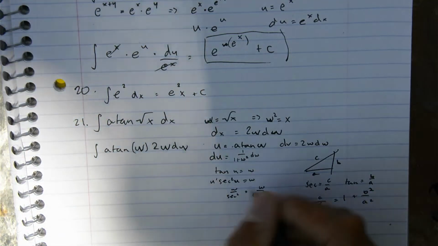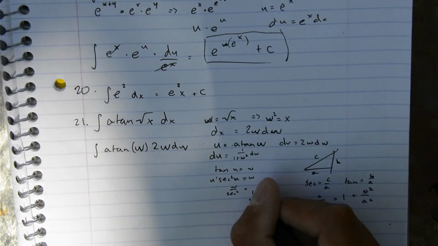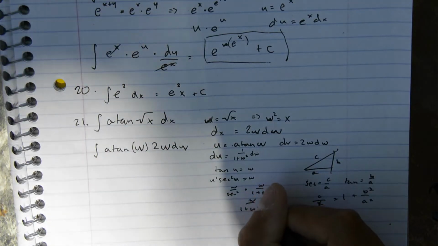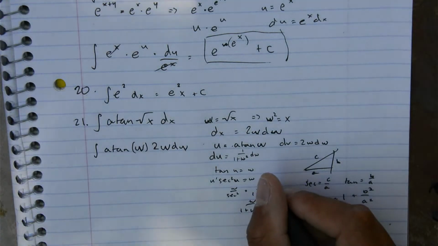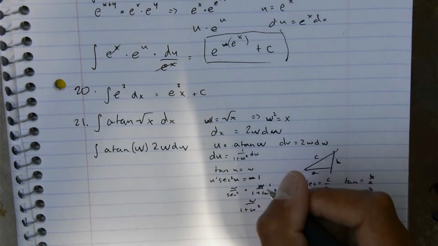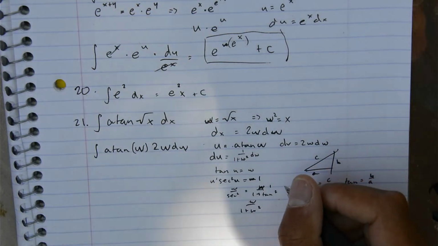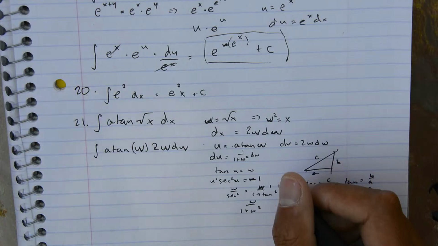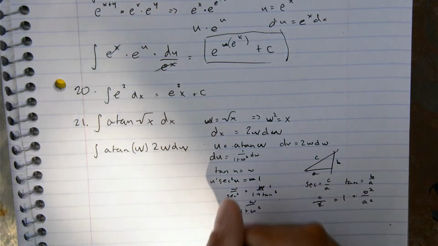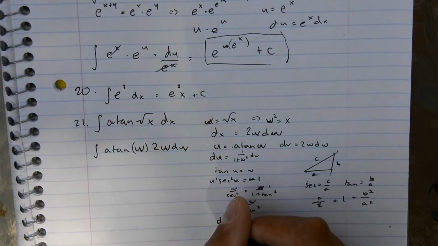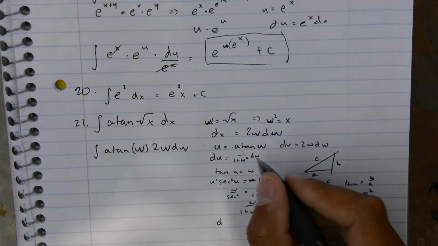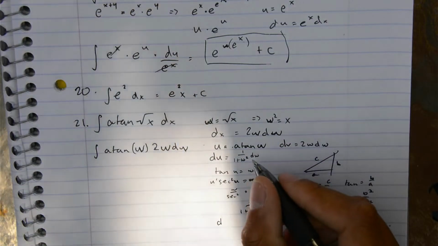So sec squared is equal to 1 plus tan squared. So then we're going to get w over 1 plus w squared. Oh, wait, this is a 1 because you take the derivative of this. So yeah, I was right, actually. This is true.